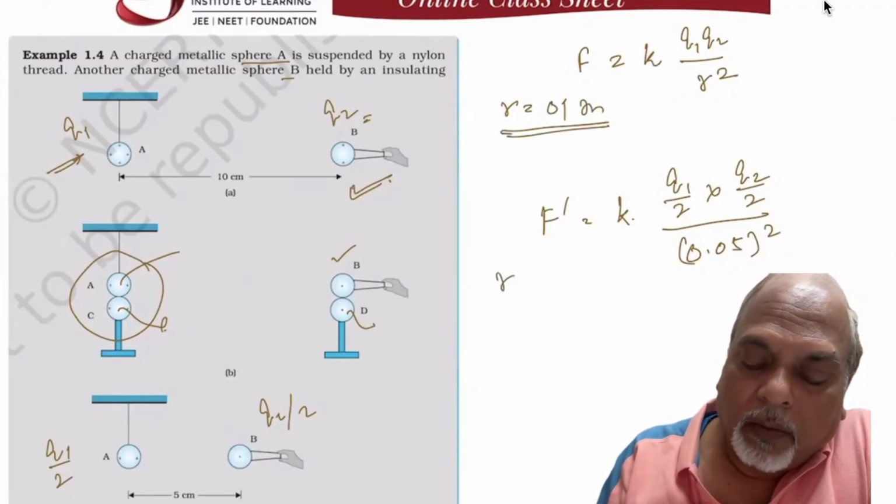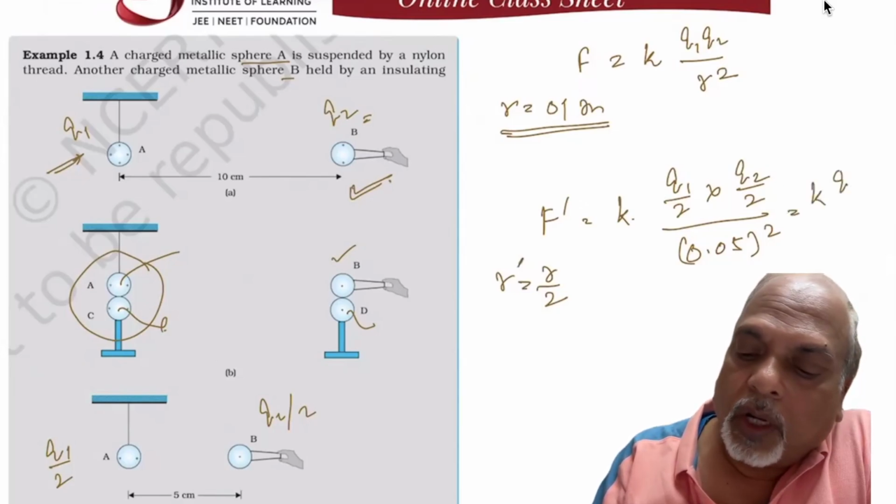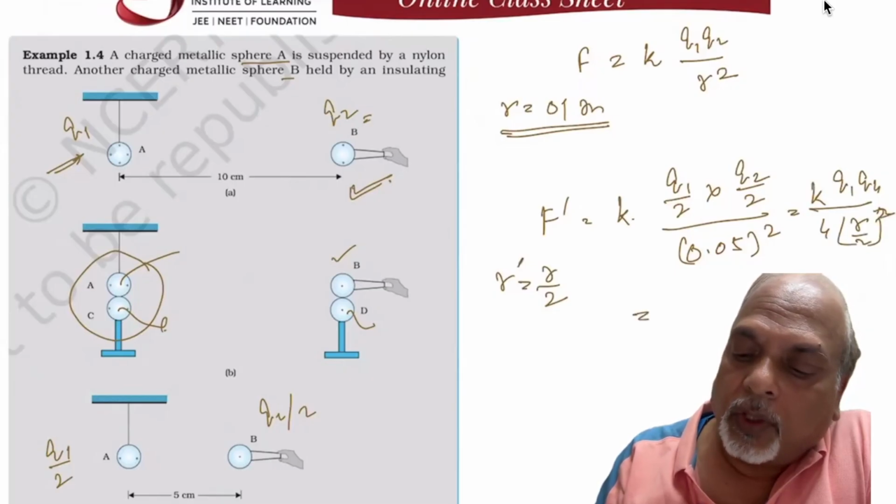And here, basically, it is R by 2, R dash. So we can write it as K Q1 Q2 upon 4 R by 2 square, or we see K Q1 Q2 upon R square.